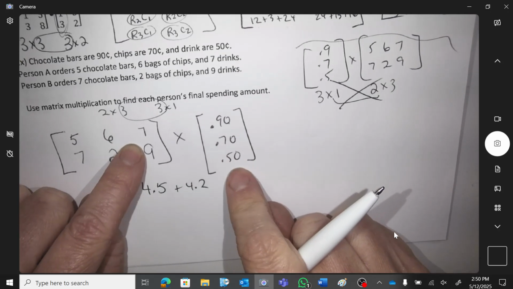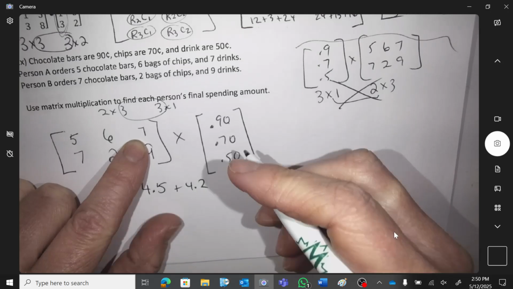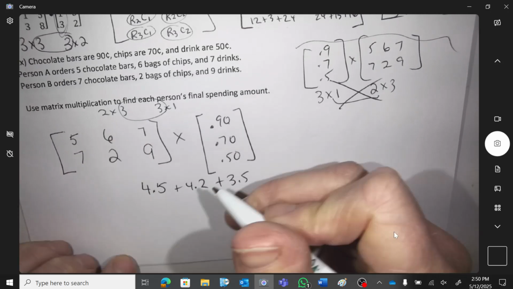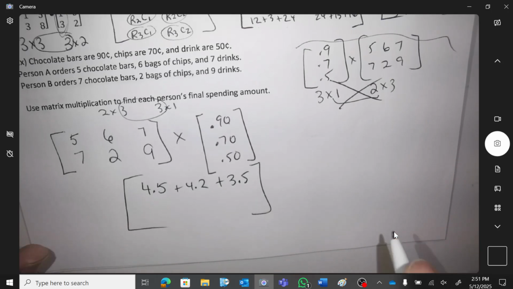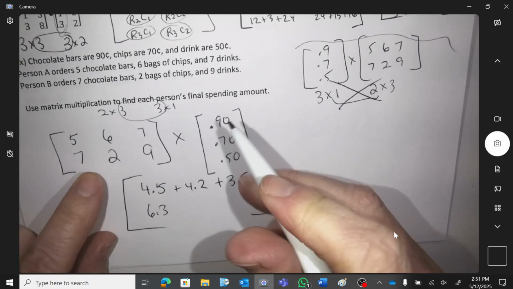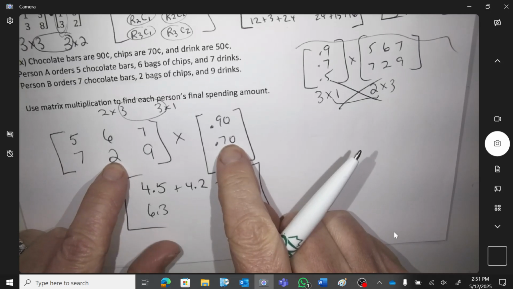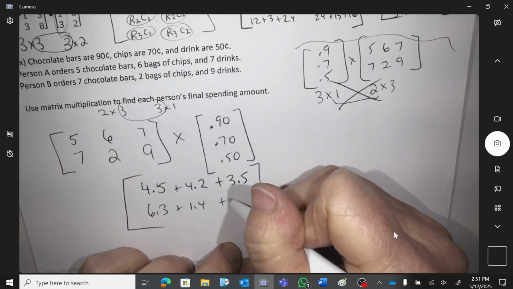What's 7 times 5? 35, so 3.5, 350. Money. Okay, here we go. 7 times 9, so 63, so 6.3. 1.4. And 4.5.